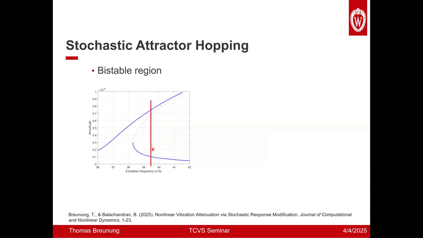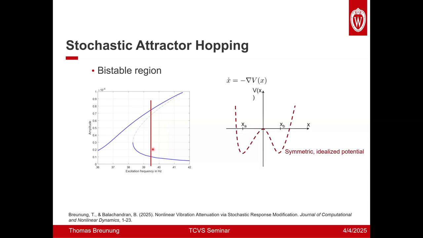To understand what's going on, it's easier to picture the whole thing as a potential system. A potential system with two wells, where one well represents one steady state and the other well represents the other steady state. And now if I add noise to this picture, what happens? We now see transitions.